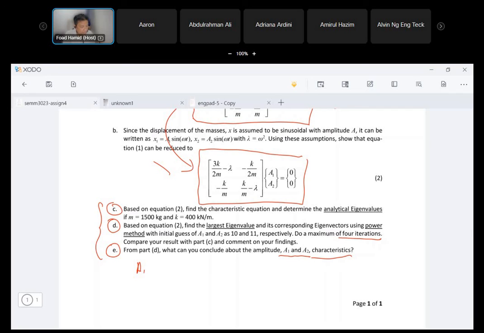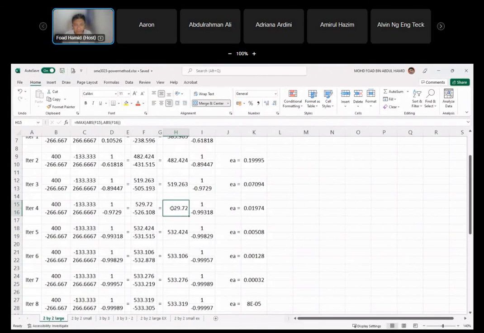One is eigenvalues. So in this problem, after iteration 4, this is my eigenvalue, 529.72. The analytical is 533.33333. And this is my eigenvector corresponding to that eigenvalue.